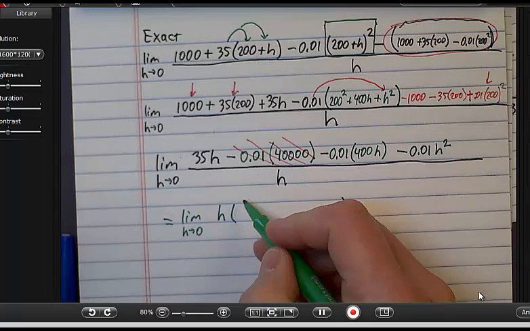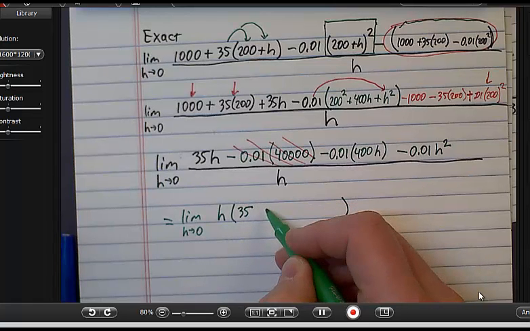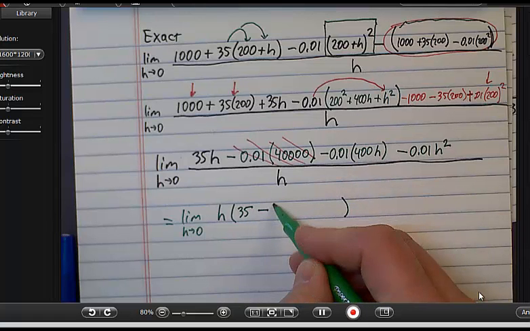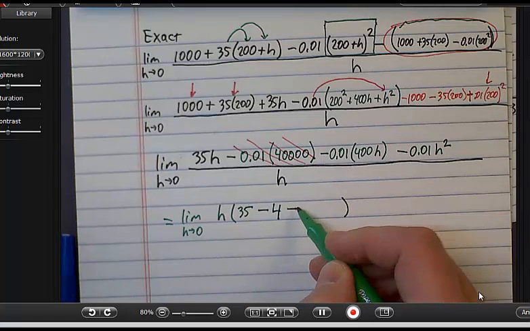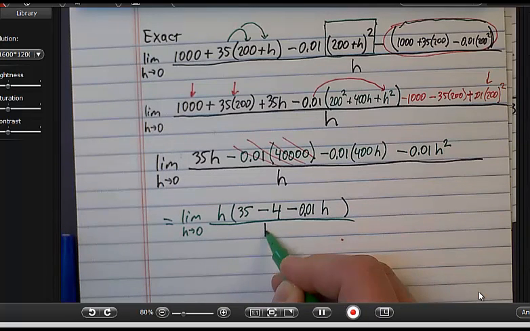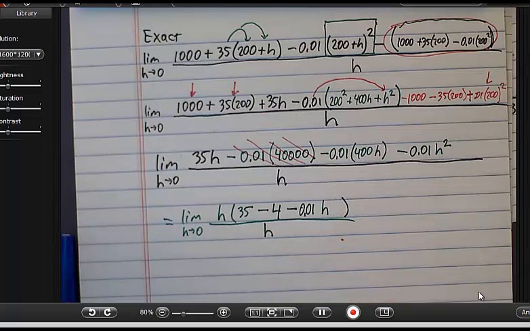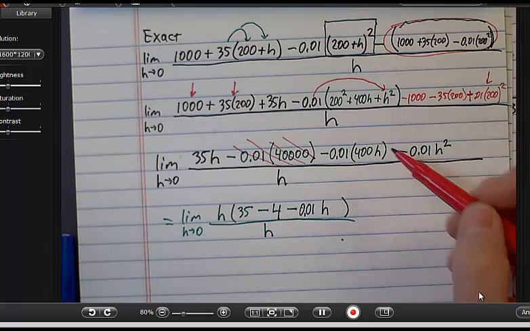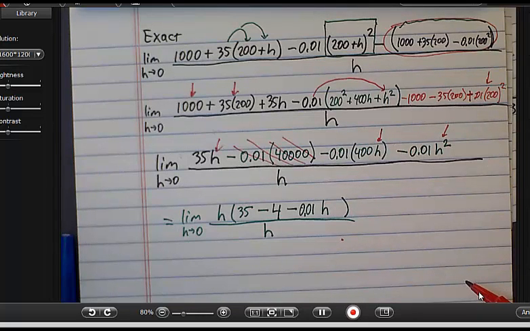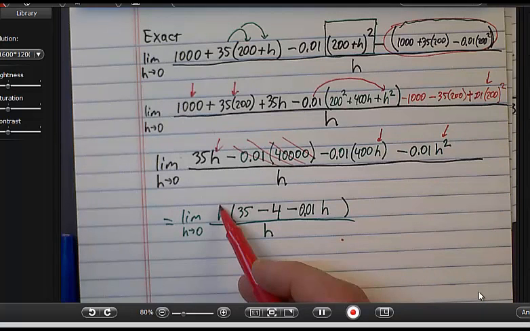I would get 35 minus, now let's see, 0.01 times 400, that's just 4, minus 0.01h, because I took one of the h's out, all over h. How did you get 4? Well, 400 times 0.01 is 4, and I factored out one of the h's, right? So notice that this h and this h, we factored one of them out. Now these h's are going to cancel.